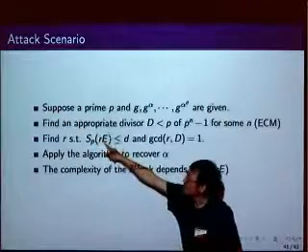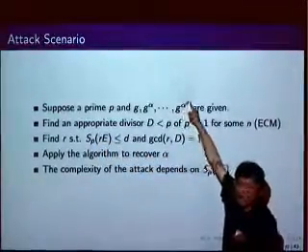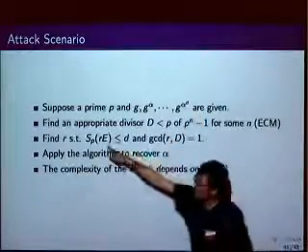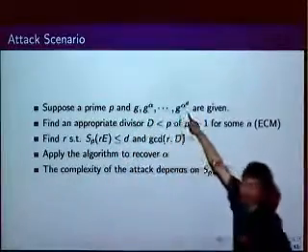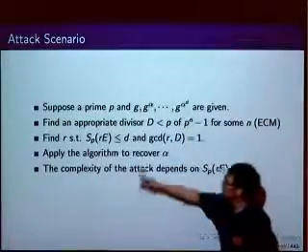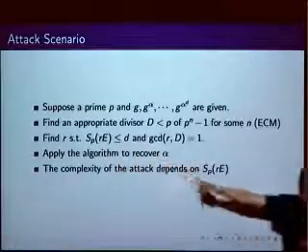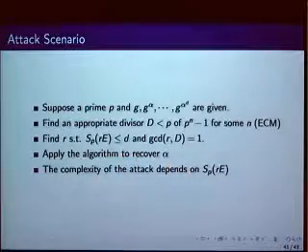But the problem is this is related to DSDL, this element. If it's large, we need too many elements. It's not realistic. So we should be able to reduce this part.